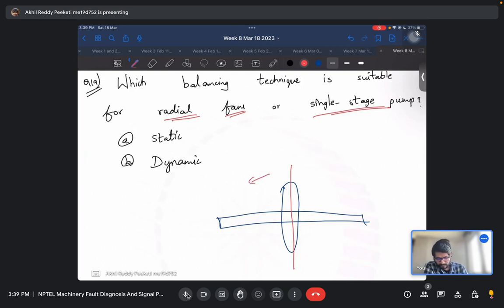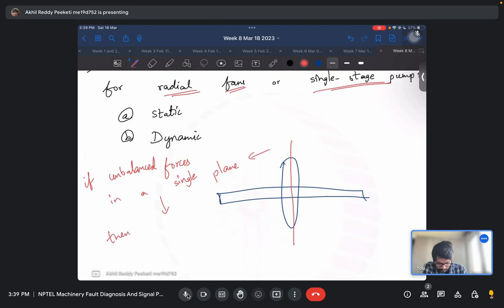So if there are unbalanced forces in a single plane, then static balancing is enough, right? If you just balance the forces in that plane, that is enough, so that is static balancing.